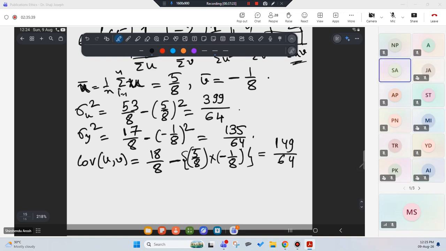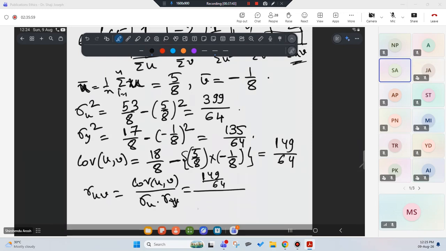So now if I put the r_uv, it would be covariance divided by sigma u sigma v, like 149 by 64 divided by square root of 399 by 64.